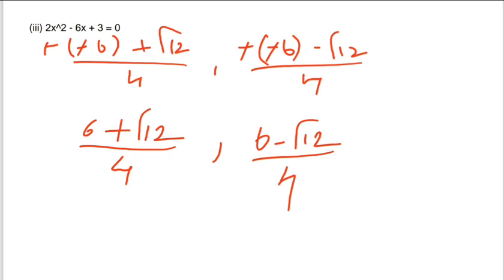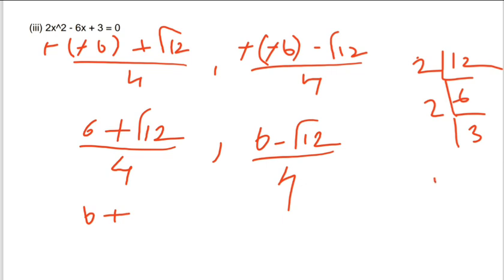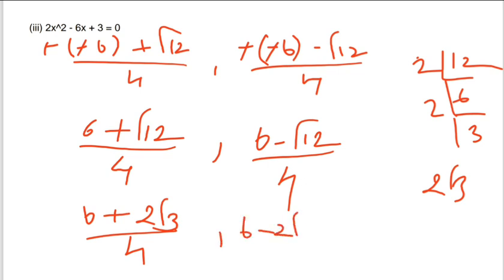So 12, taking the prime factorization of 12, 2 2s are 4 and 2 3s are 6, so you can write 12 as 2 root 3. That is 6 plus 2 root 3 by 4, and 6 minus 2 root 3 by 4.